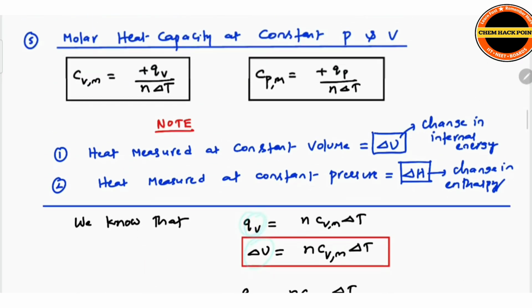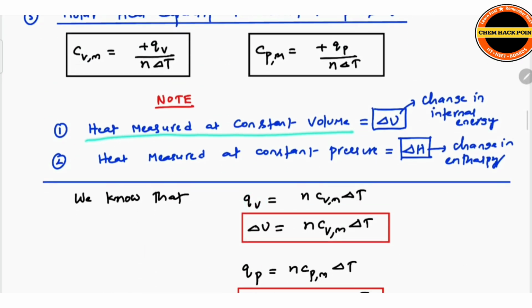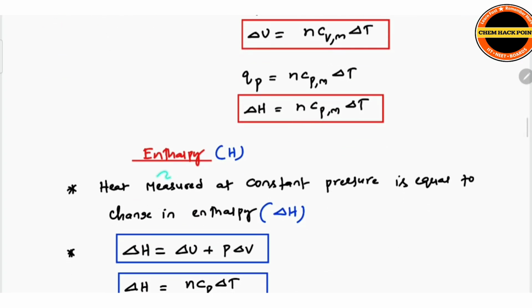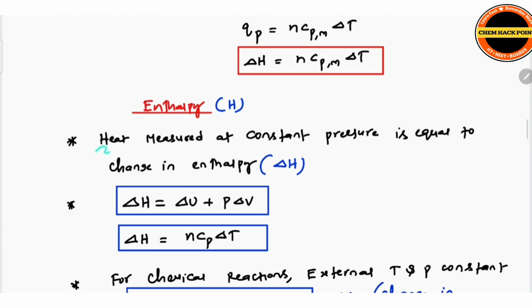Delta U, because heat measured at constant volume is delta U. So in place of Qv you can write delta U equals N Cvm delta T. Qp is also the same, N Cpm delta T, because heat measured at constant pressure is N Cpm delta T. Delta H is equal to Qp, so you will get this equation. Heat measured at constant pressure is equal to the change in enthalpy.